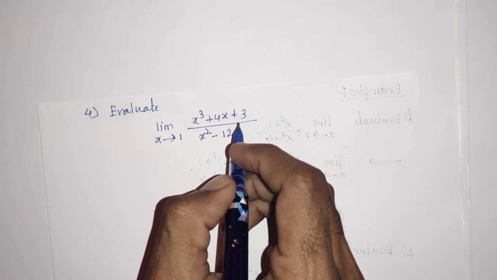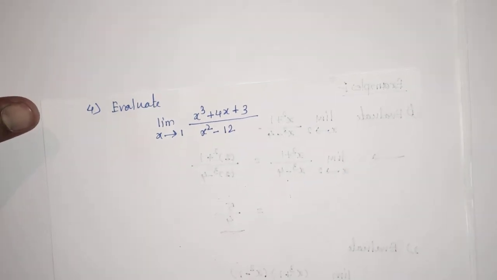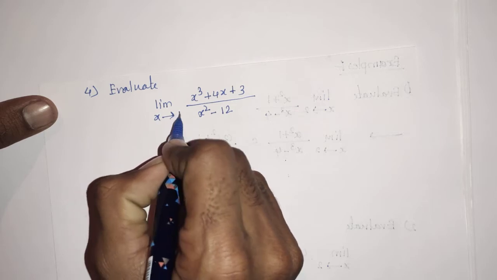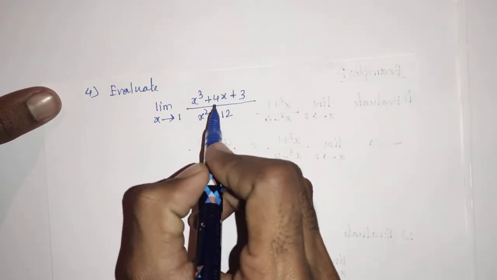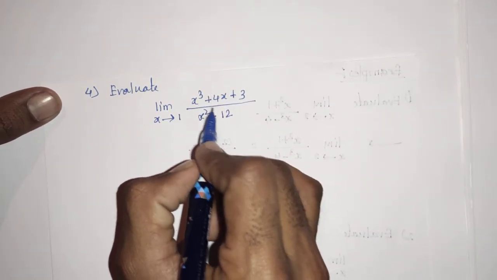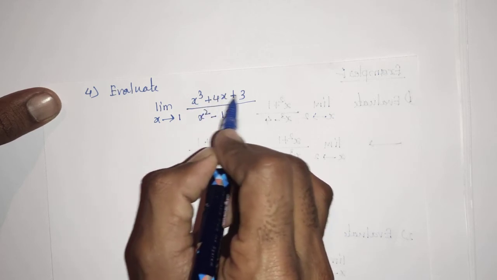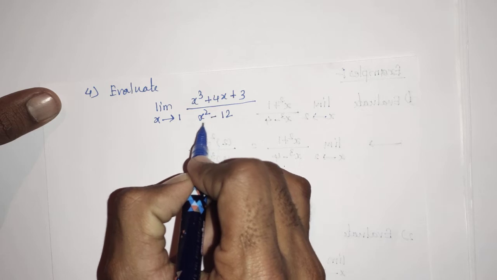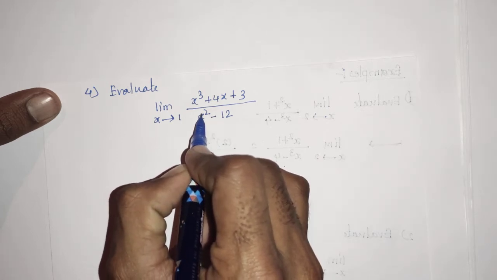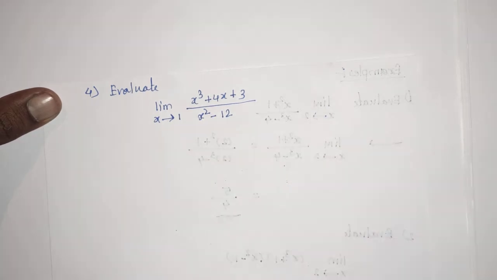Now to evaluate such a limit, we just put the value x equals 1. Then we get 1 cube is 1, plus 4 into 1 is 4, so 1 plus 4 plus 3 is 8. And if you put x equals 1 in the denominator, we get 1 square is 1, minus 12 is minus 11.